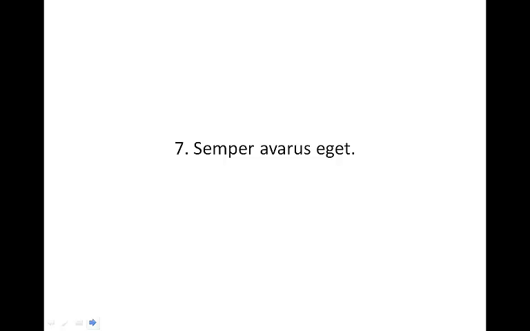Moving on. Wheelock does something weird in number 7, and he does this on more than one occasion. He gives you a bit of Latin grammar in the Sententiae before he tells you what it's all about. This is one of those situations, but he does give us some help in the gloss. Semper avaris eget. He gives us egere. He glosses that for us. To be in need.